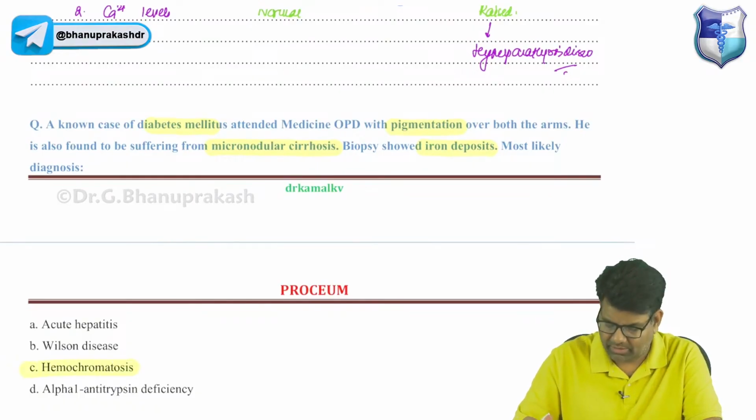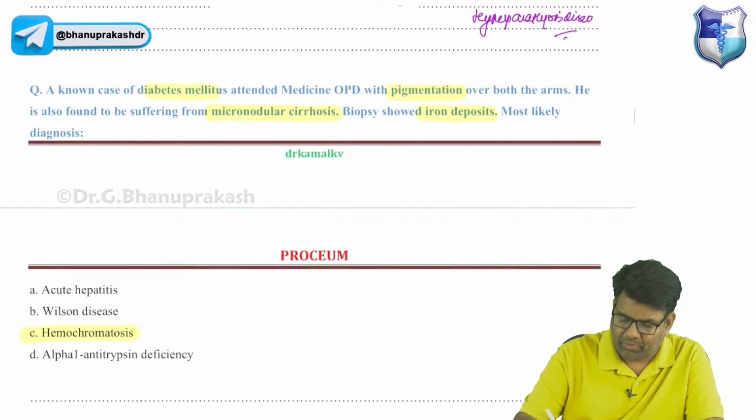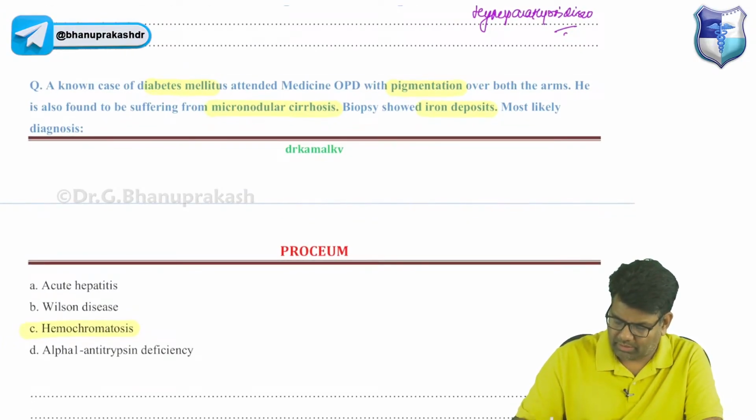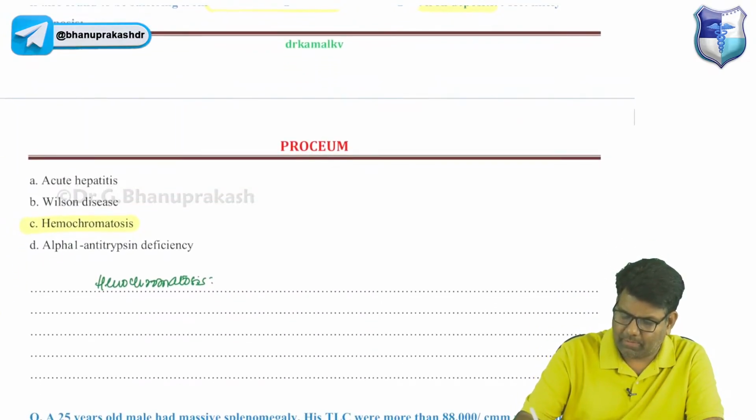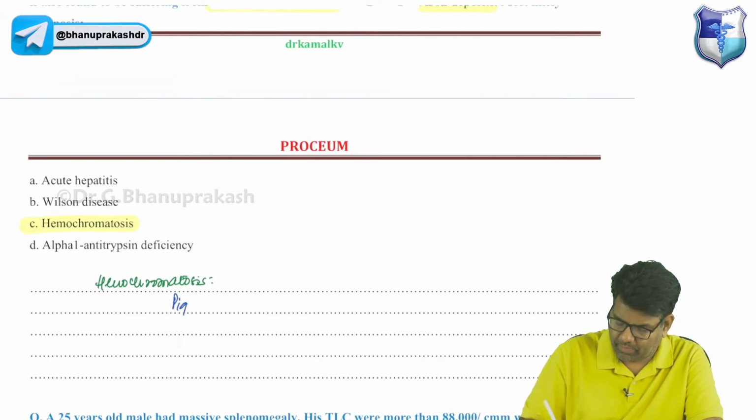The condition is hemochromatosis, and in hemochromatosis, what you see is pigmentation, usually bronze or brown colored.